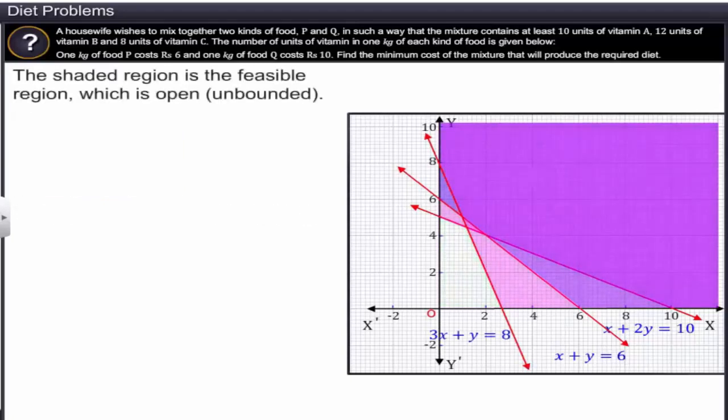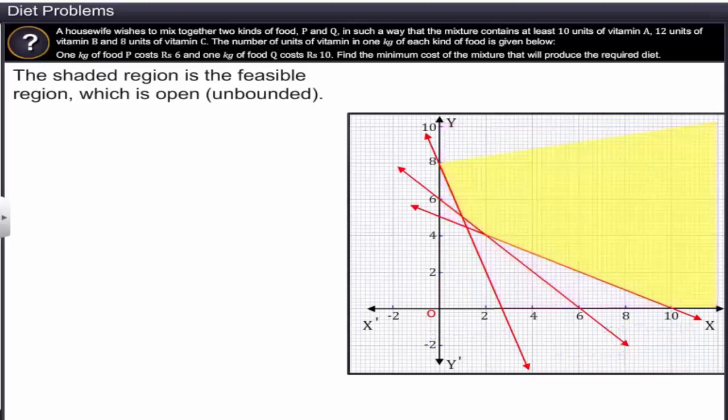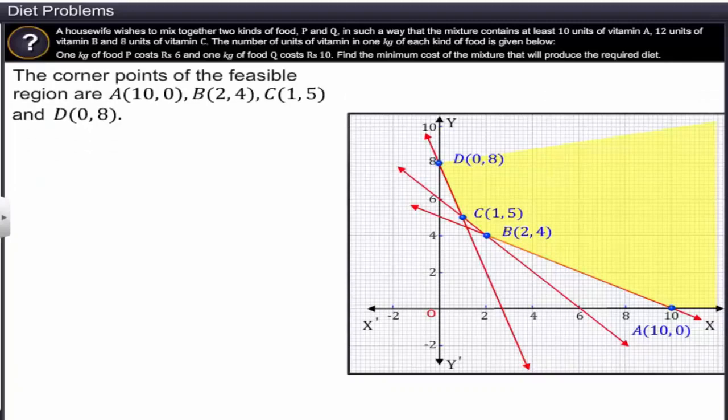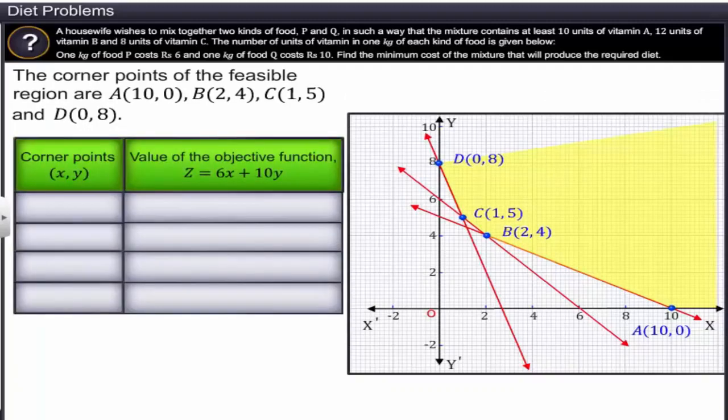The feasible region of the inequalities 1 to 4 is an open or unbounded region. The coordinates of the corner points of the feasible region are A (10, 0), B (2, 4), C (1, 5), and D (0, 8). Let us substitute the corner points in the objective function.